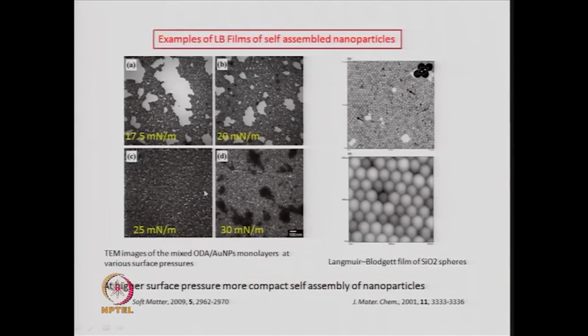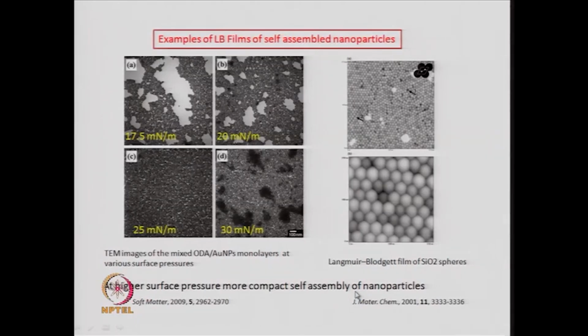In this particular case of octadecylamine gold nanoparticle monolayers, the pressure at which the film breaks down is around 25 to 26 millinewtons per meter, and this is another picture of LB films. So, you can see very nice assembly of silica spheres made by the LB method, and you can see a very compact self assembly of nanoparticles.